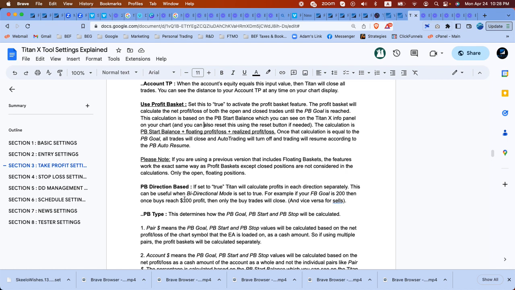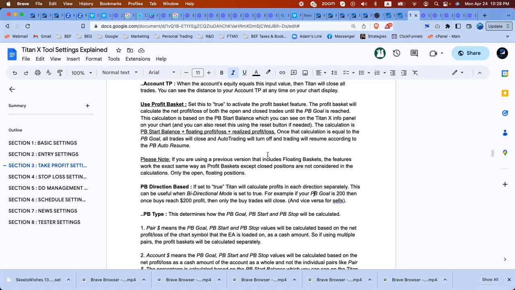So this can be useful when bidirectional mode is set to true. You're going to have buys and sells open at the same time. So, for example, if your profit basket goal is 200, then once buys reach $200 profit, only the buy trades will close. Your sells could be at $100 profit, but they won't close. They'll stay open until they get to that 200. So it's looking at the buys and sells separately.